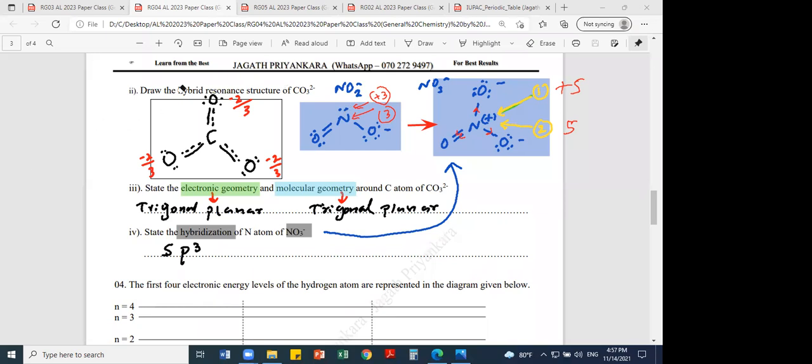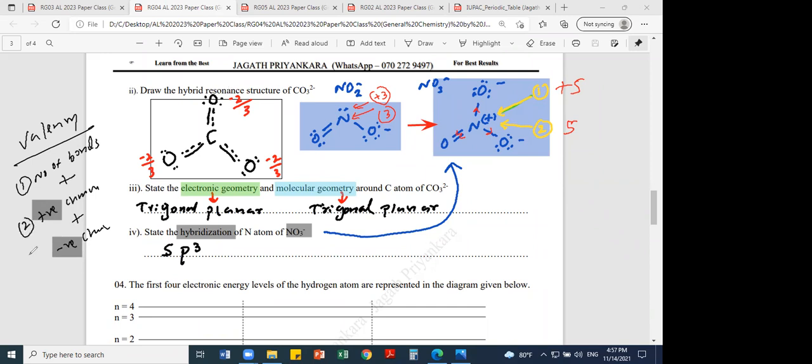I'll give a short method: valency will be equal to the number of bonds, counting sigma bonds and pi bonds, everything, plus any positive charge plus any negative charge. For example, if there's 2 plus, you have to add 2. If there's 2 minus, you also have to add 2 to the number of bonds. So all 3 should be counted.